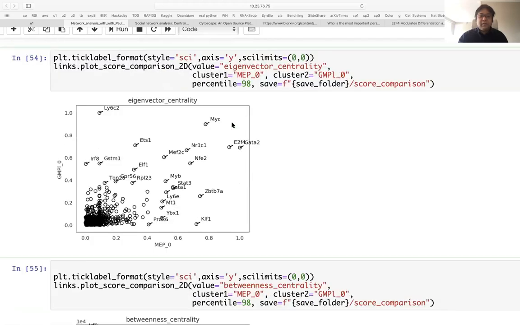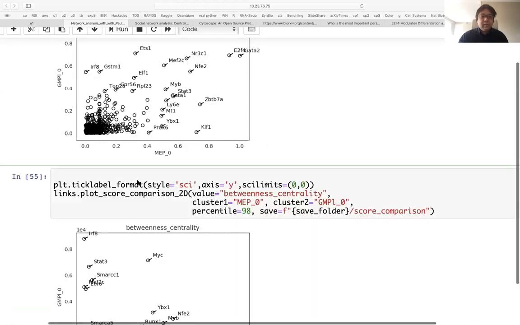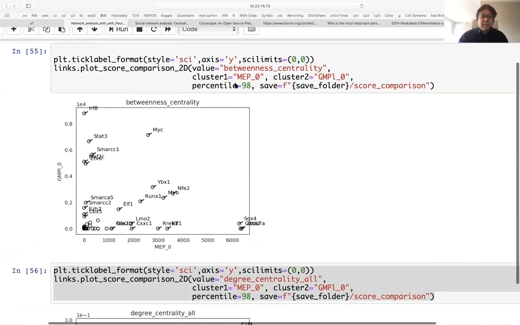It's because this score represents not only the direct connection, but also the indirect connection. So we can get a little bit different factors. Yeah, so the betweenness centrality is also important.